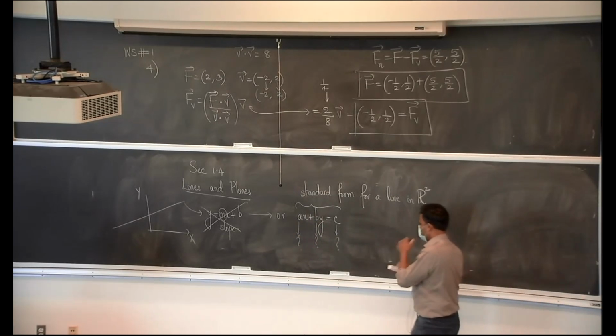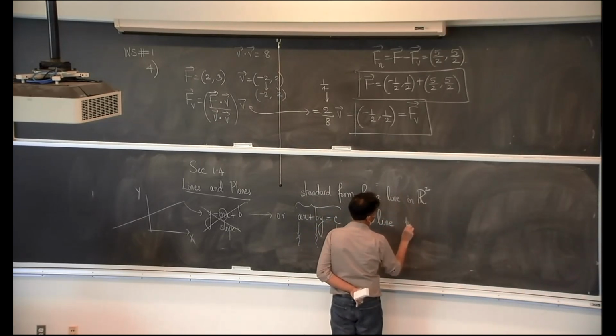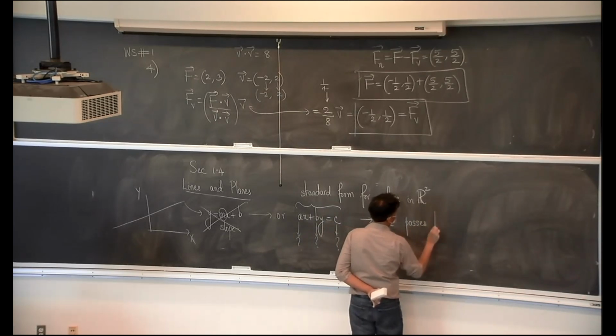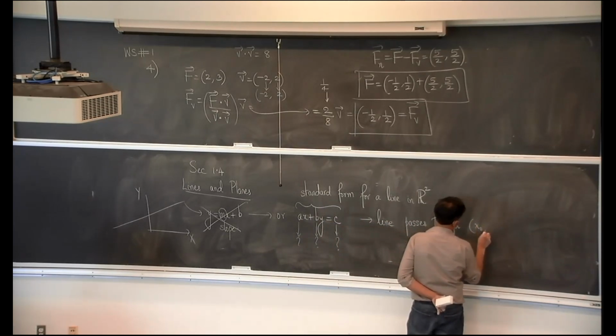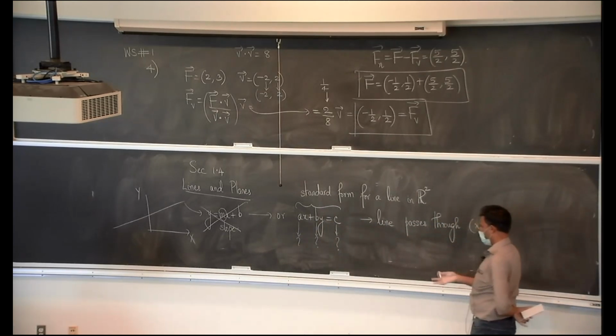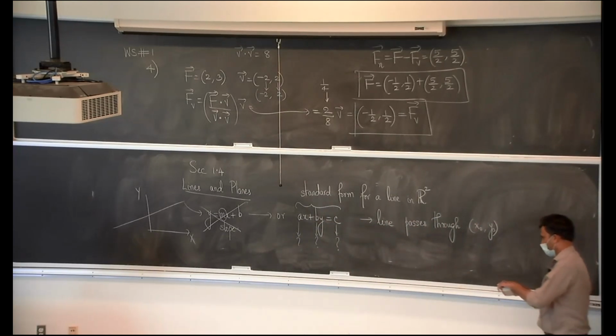So let's assume that this line passes through the point x naught, y naught. We always need a point on the line to make anything happen. If you don't know anything, then we can't do it. So let's assume that the line passes through the point x naught, y naught.